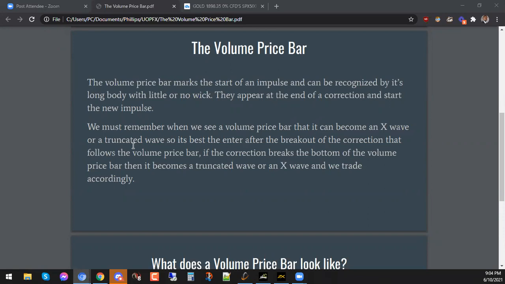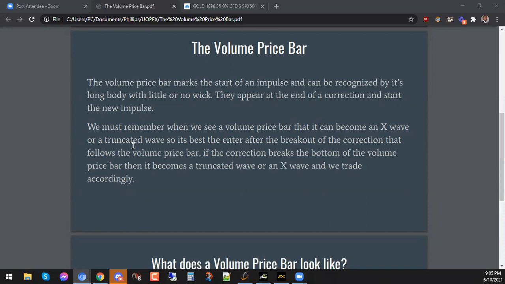Now remember we did measured moves, market geometry, right? In market geometry, we would measure wave 1 to predict the length of wave 5 in a 5-wave impulse move. So if wave 5 is shorter than the length of wave 1, we look at that as a truncation.